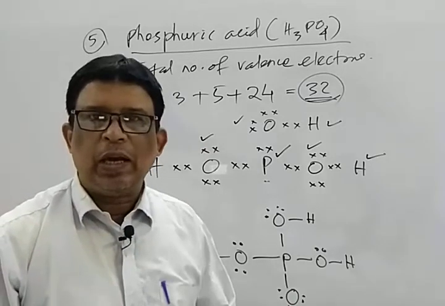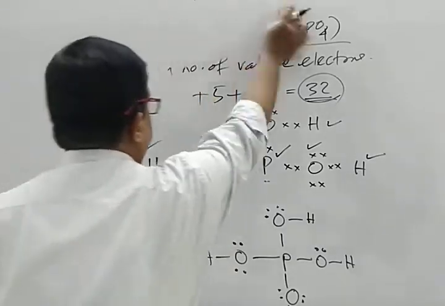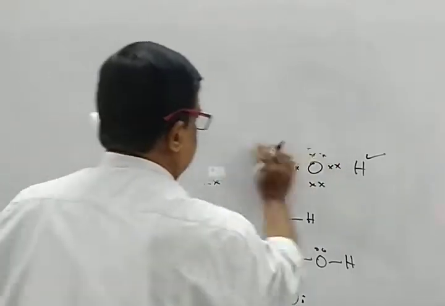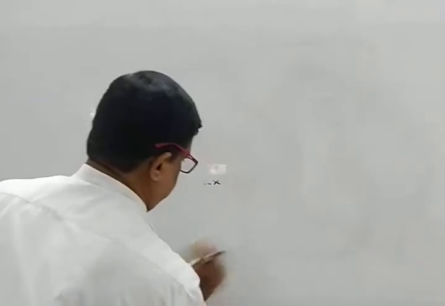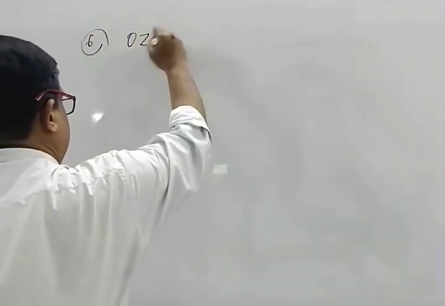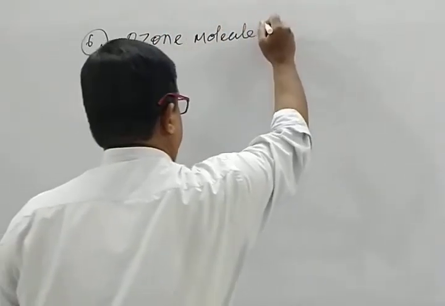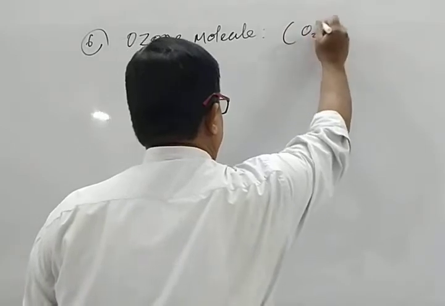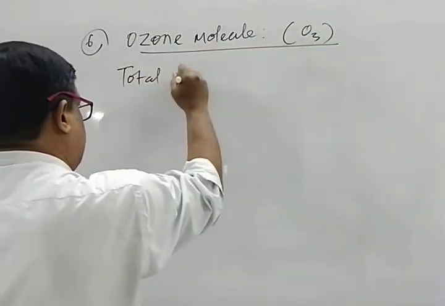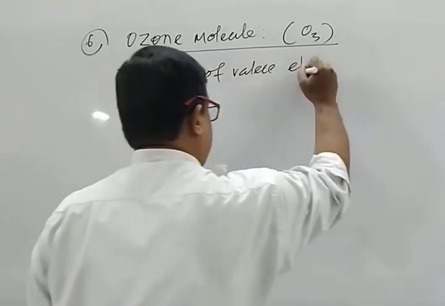Next we go through another one, that is ozone. Example 6. Ozone molecule, that is O3. Total number of valence electrons.